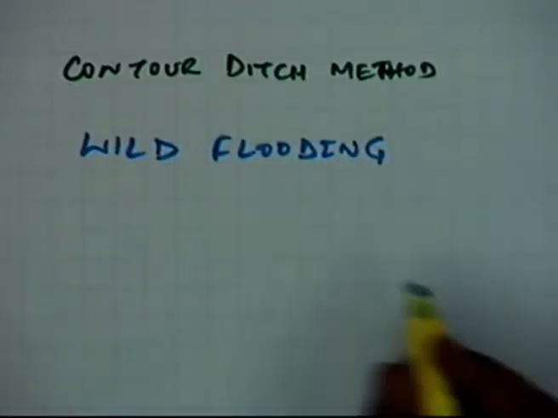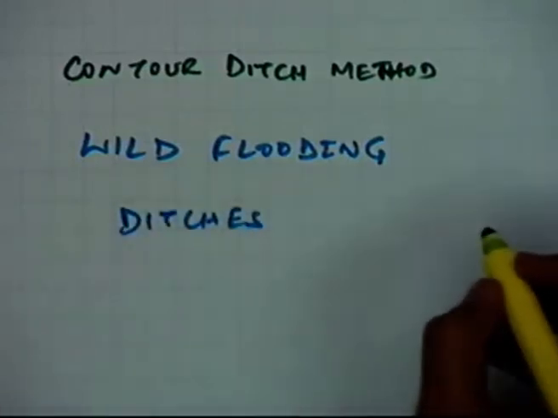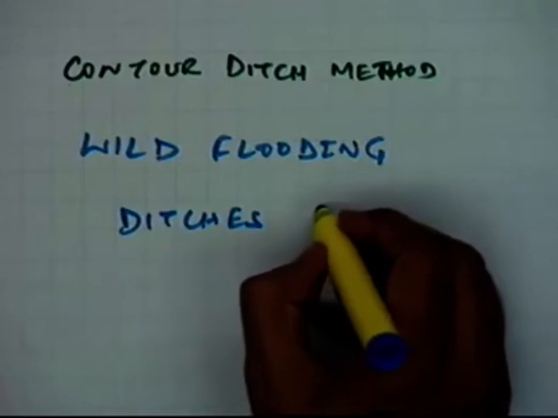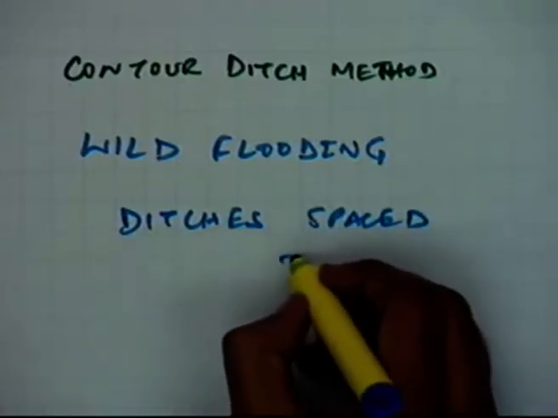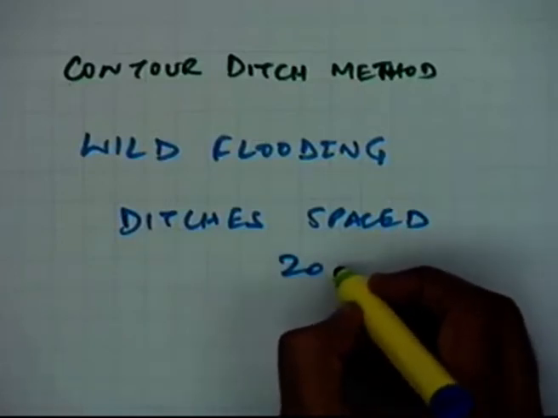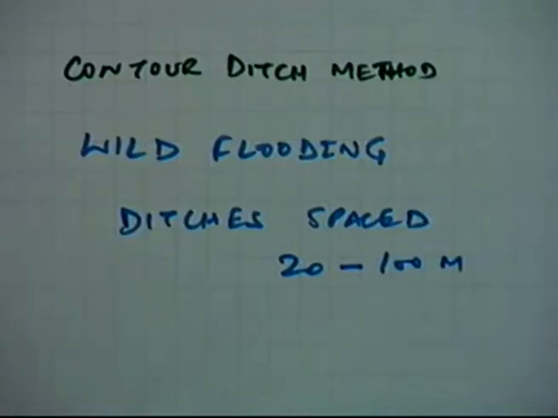This is a method in which you have ditches which can be spaced about 20 to 25 meters and may go up to 100 meters. So the spacing between the ditches can vary between 20 to 100 meters.